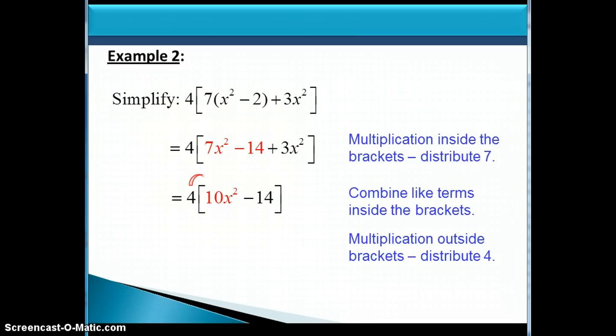So we distribute the 4 times 10x squared, and then 4 times negative 14. 4 times 10x squared is 40x squared, and 4 times negative 14 would be negative 56. And those are not like terms, so we cannot simplify this anymore.